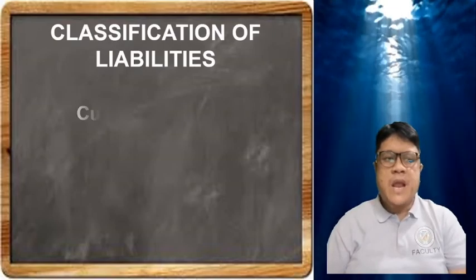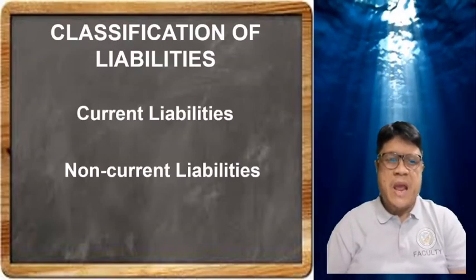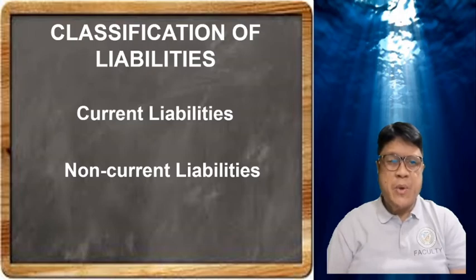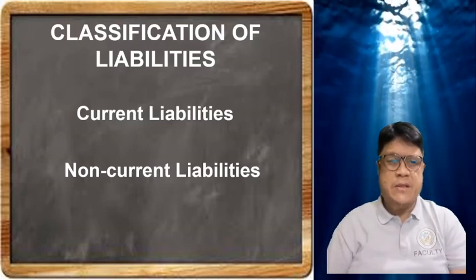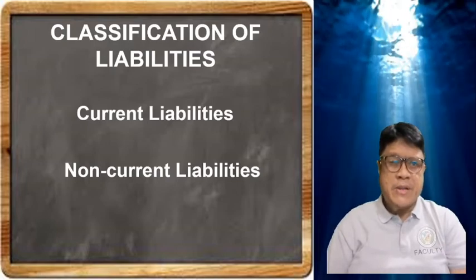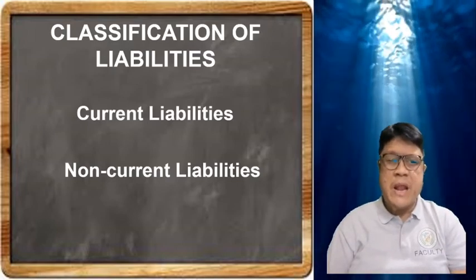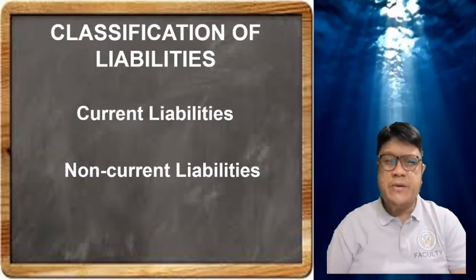There are two major classifications of liabilities, the current liabilities and non-current liabilities. Current liabilities are obligations due within 1 year of the balance sheet date. Non-current liabilities are a company's long-term obligations for which the full value will not be realized within the accounting year.